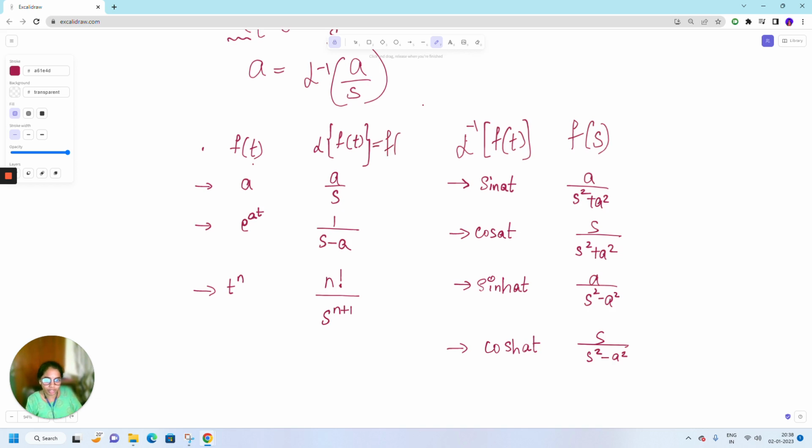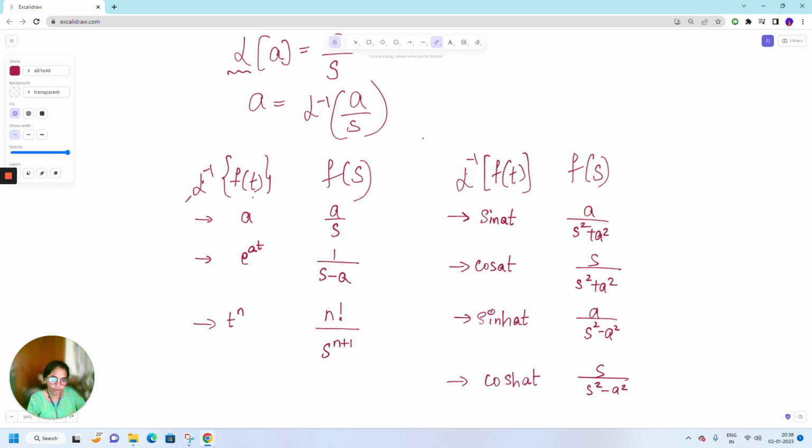Because this is equal to f of t, right? So let me replace even these terms. This is our Laplace inverse and this is our f of t. This is the formula list for inverse Laplace transform.